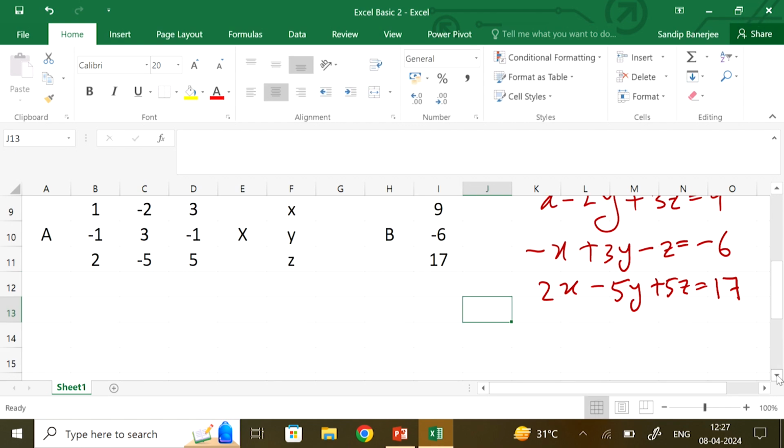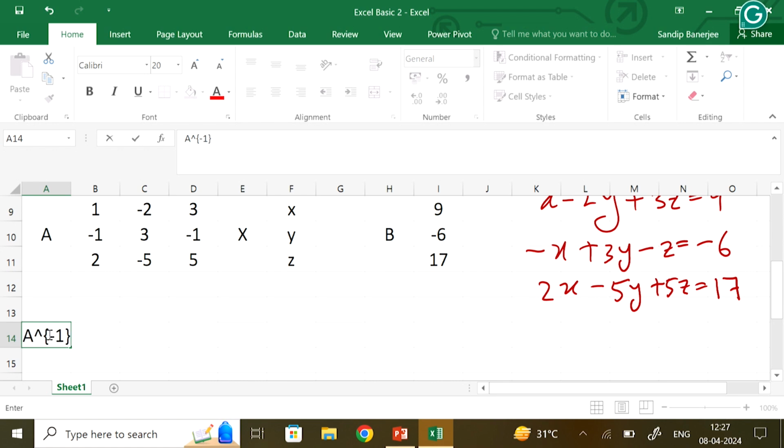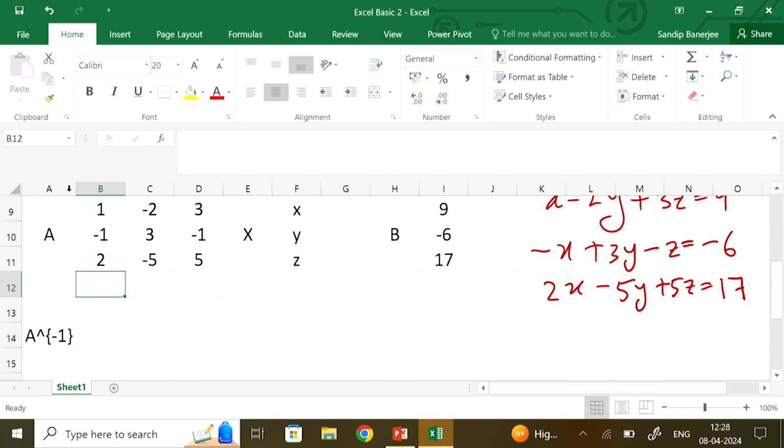So, as before, let us find the A inverse. So, A inverse, I will highlight this time 3 cross 3.